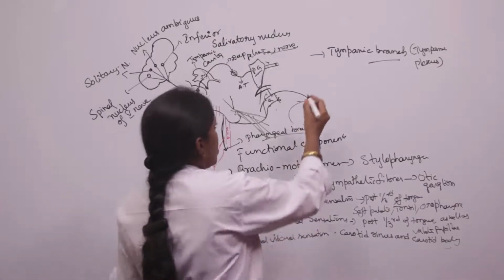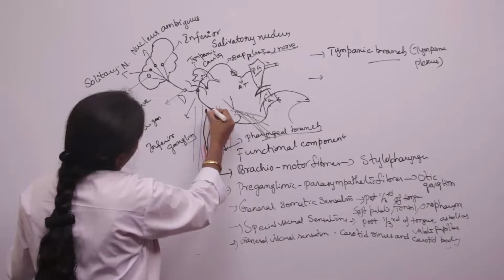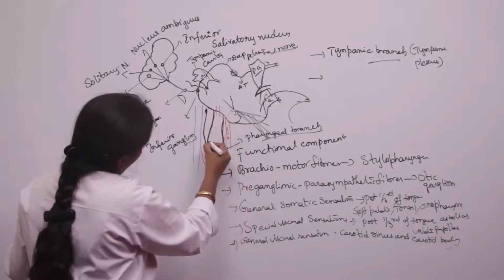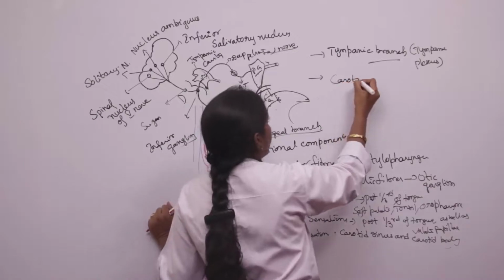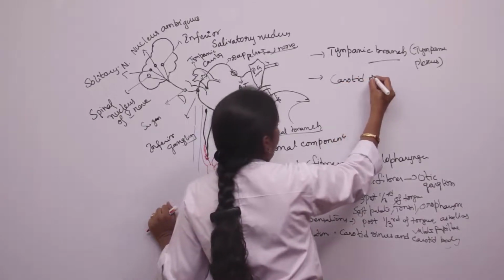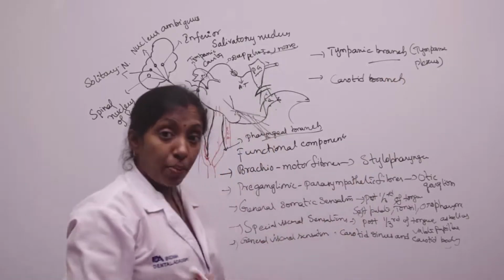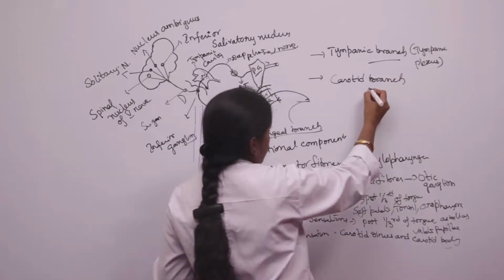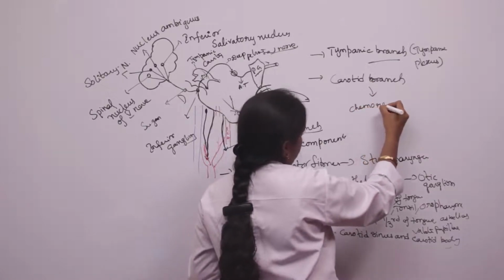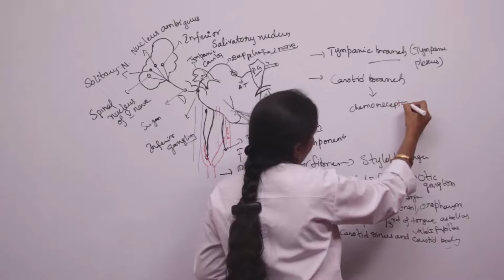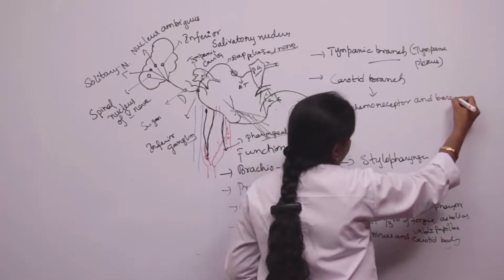The next branch is the carotid branch, which descends downwards. This carotid branch, along with the similar branches of the vagus as well as the sympathetic, forms the carotid nerves, which act as chemoreceptors and baroreceptors, regulating the heart rate as well as the blood pressure.